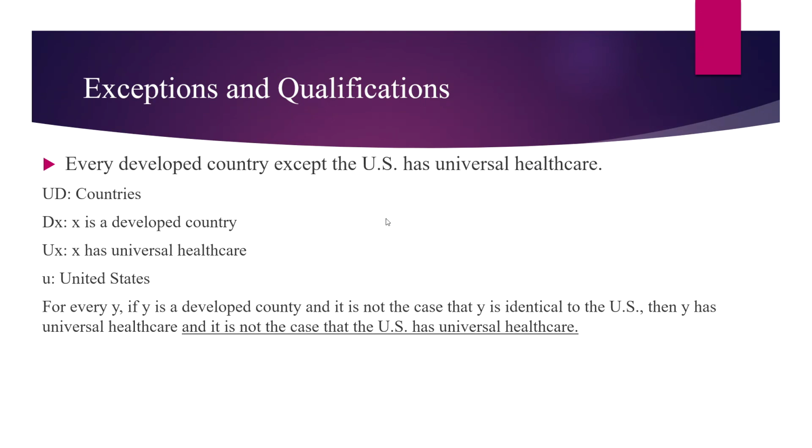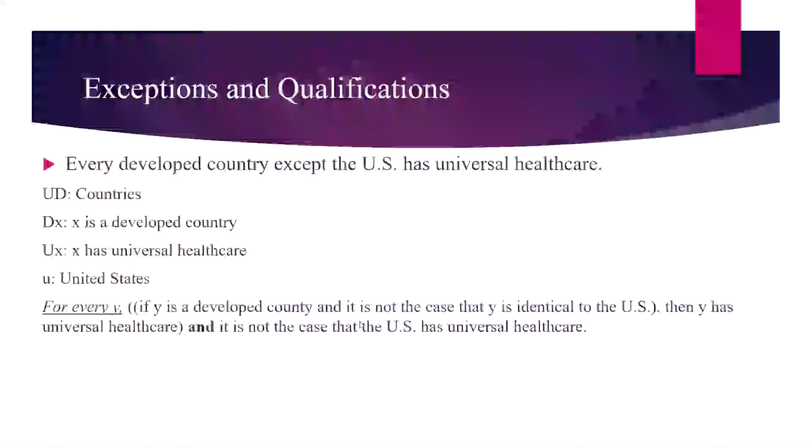We need that second part beyond the conditional, because just this part symbolized wouldn't say that the US doesn't have it, right? If the US does have it, the antecedent would be false and the conditional would still be true. So we need to add that part at the end there for cases that involve exceptions.